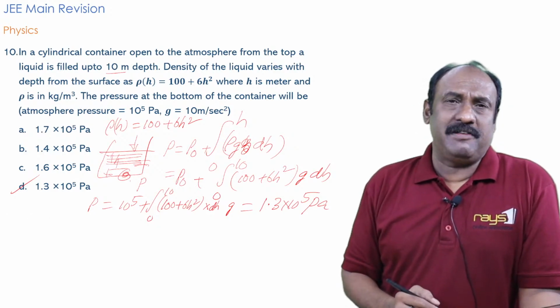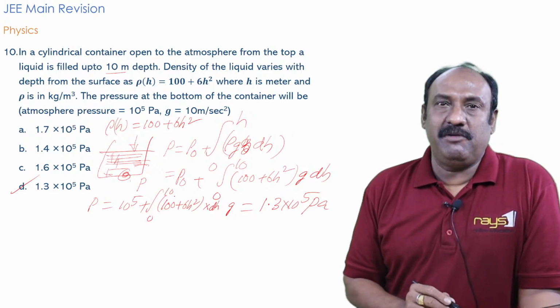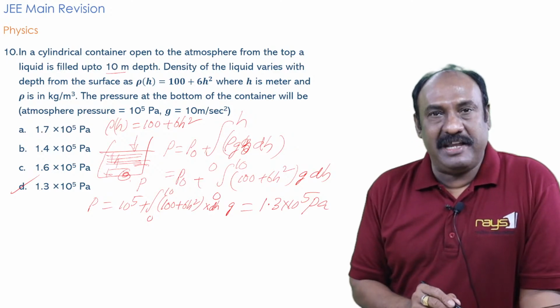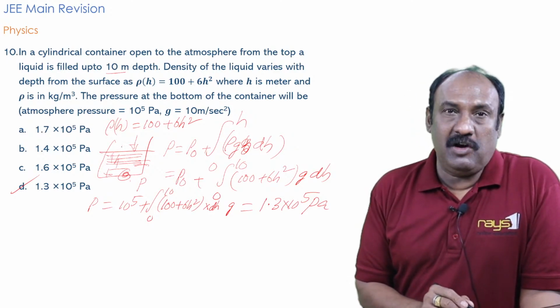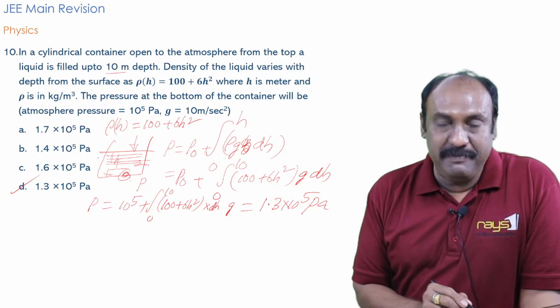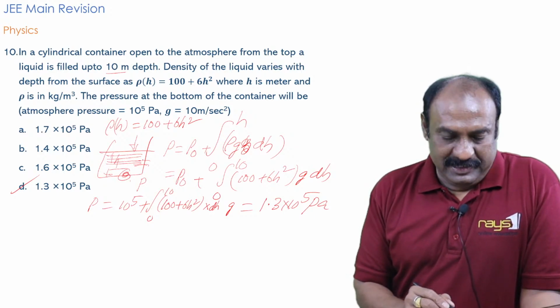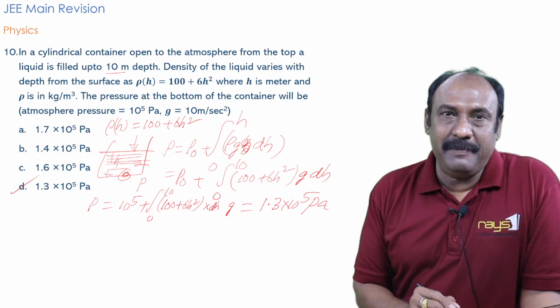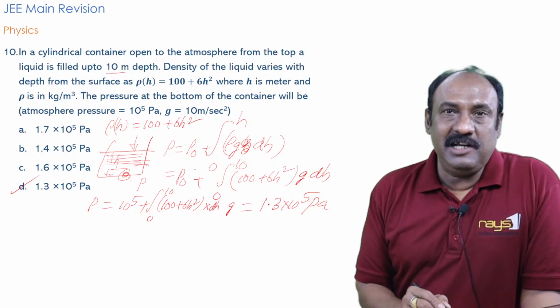Just like in the previous problem, here also the variable density of the liquid is given. Then what is the pressure at the bottom of the liquid of variable density? Pressure due to the atmosphere is P naught, plus the pressure due to this liquid column of length 10 meters. I consider a small elementary strip of length dh, then the pressure due to that strip is rho g into dh.